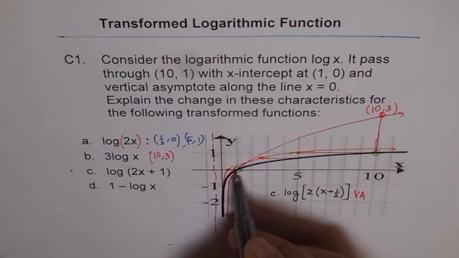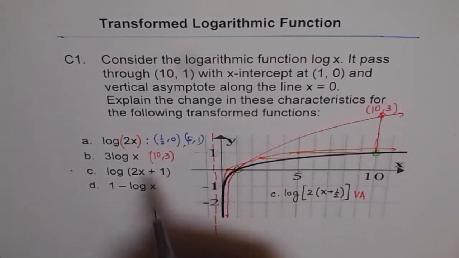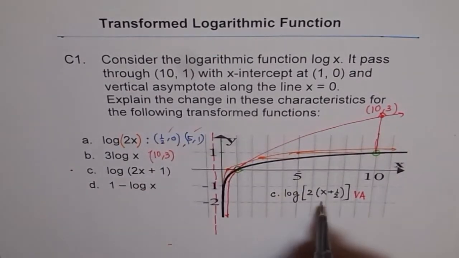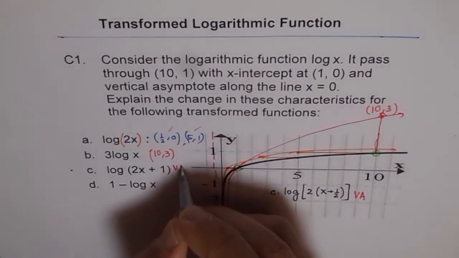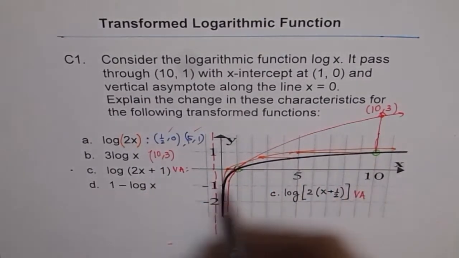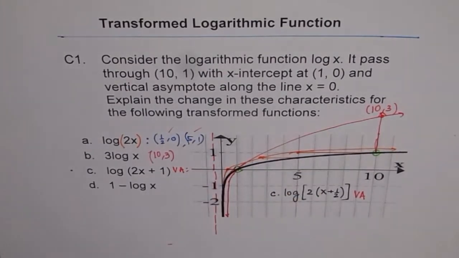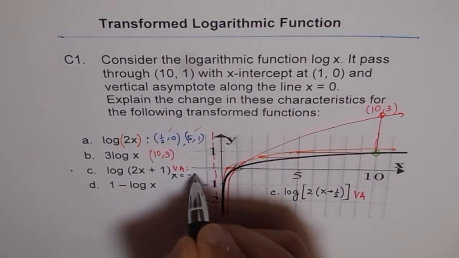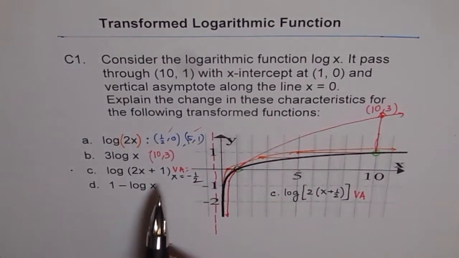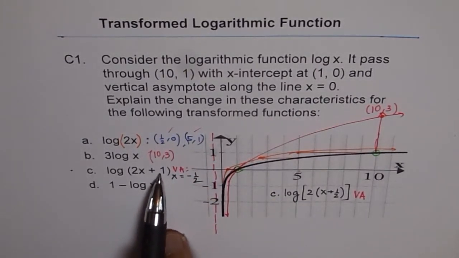And all these points do move half units left. In this case, the vertical asymptote is not at x equals 0, but at, let me write in ink, x equals minus half. So that is a major change which is caused because of this plus 1.